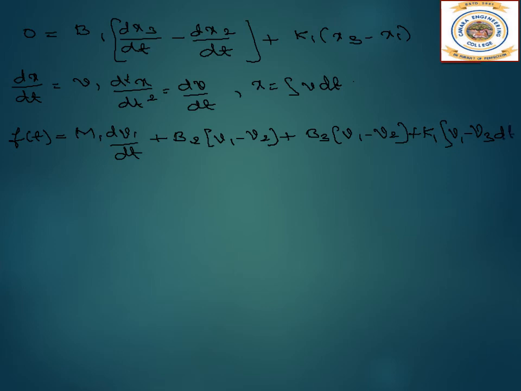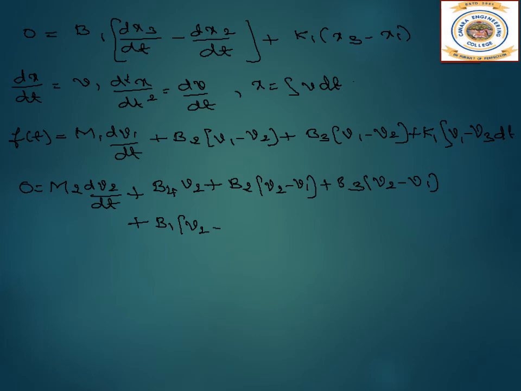Then equation 2: 0 is equal to m2 dv2 by dt plus b4 v2, plus b2 into v2 minus v1, plus b3 into v2 minus v1, plus b1 into v2 minus v3.